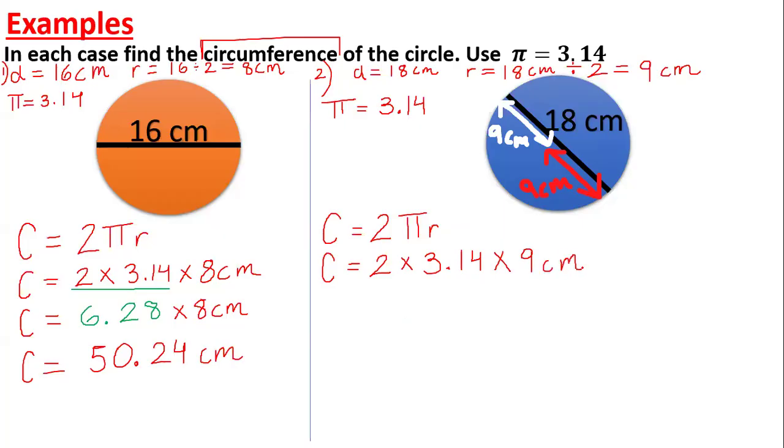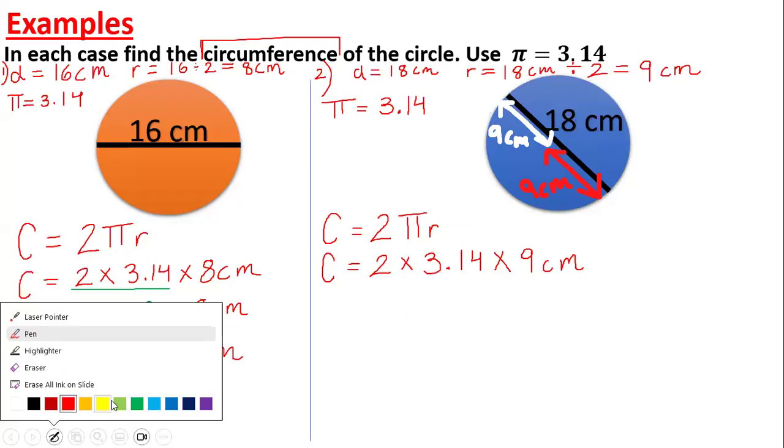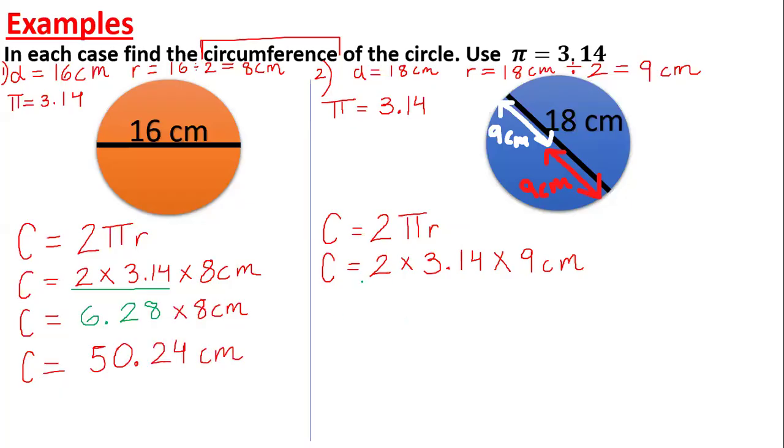Good. And so we have C is equal to 2 times 3.14 times 9. So it's going to be 2 times 3.14. All right, so C, therefore, is going to be equal to, what is 2 times 3.14?